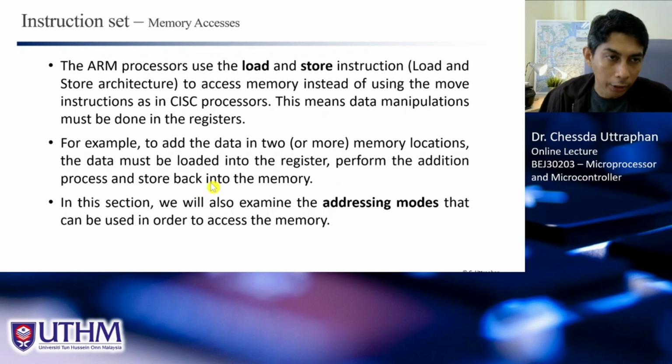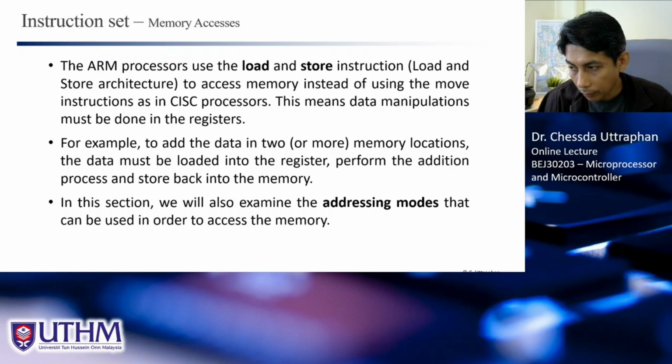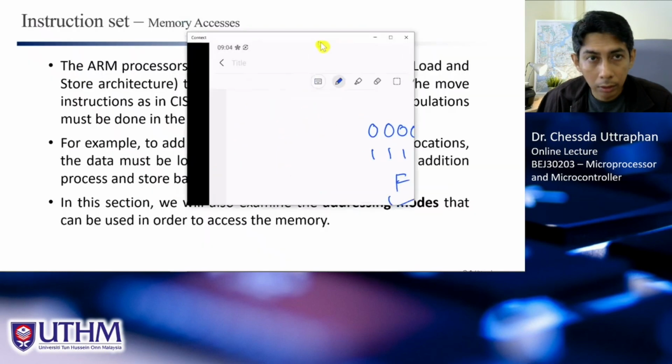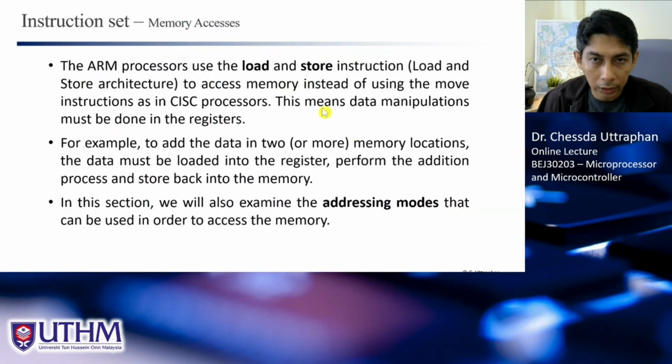All right. So the next one is the load and store instruction, or memory access. Remember, in the previous class, we learned the ISA, and we know that RISC, and particularly the ARM microprocessor, uses load and store instructions to access the memory.